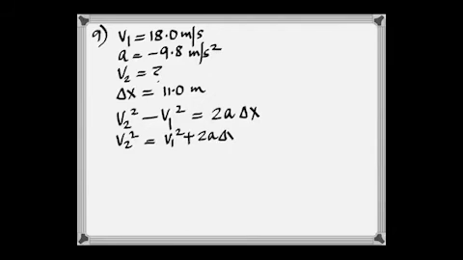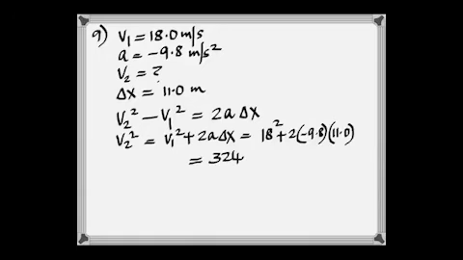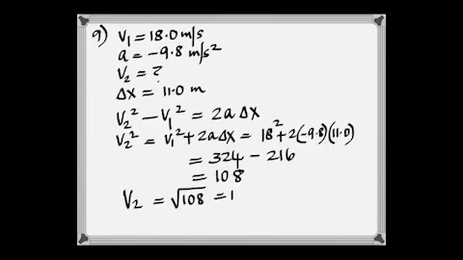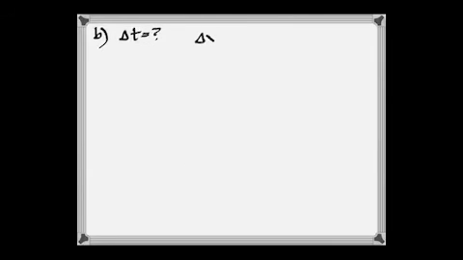Okay, plug the numbers in, and you would get 18 squared plus 2 times negative 9.8 times 11. Solve all that, take the square root. That's the answer to A that we are about to get. 108, take the square root of 108, and you get 10.4 meters per second.